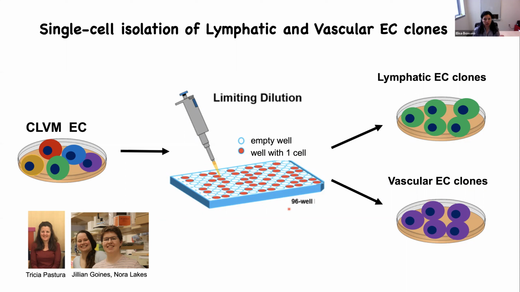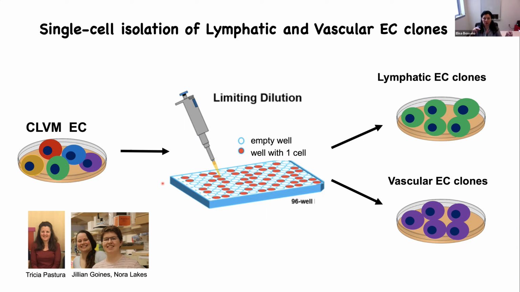So we try to focus on at least dissecting down if the mutation was in the lymphatic ECs or vascular ECs. And to do that, we needed to generate clones derived from one single cell. And so work done in collaboration with Tim Lacrosse, and beautiful work done by Trisha in his lab, and Jillian and Nora in my lab, have performed a limiting dilution to seed one cell.